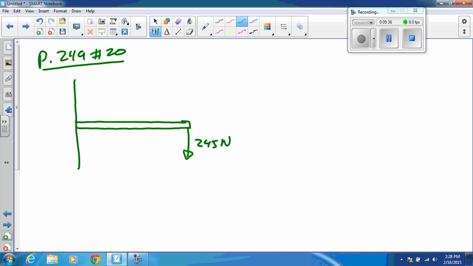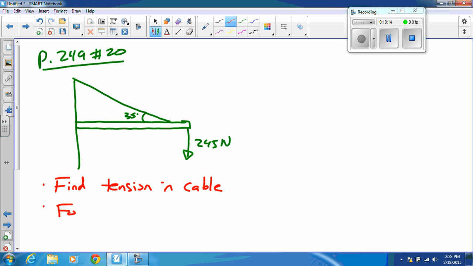I'm just going to represent the sign with its weight right there. Now, if this were the whole story, then that sign would rip the pole right out of the wall. But the pole supports the sign with a cable right here, and this cable makes a 35-degree angle with the pole. And it asks us now to find the tension in the cable and as well the force on the pivot at the wall.